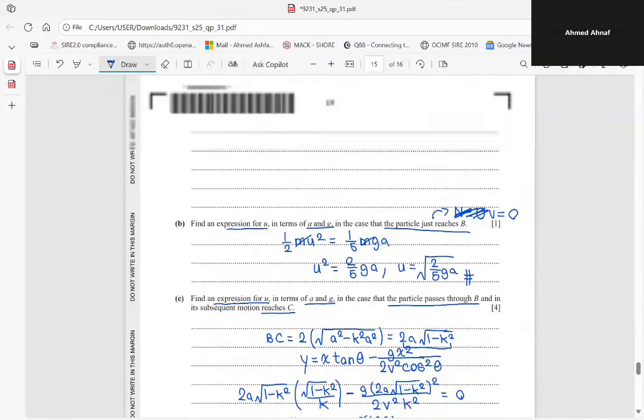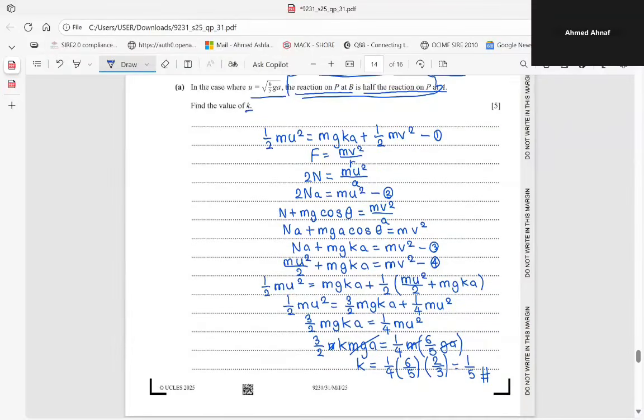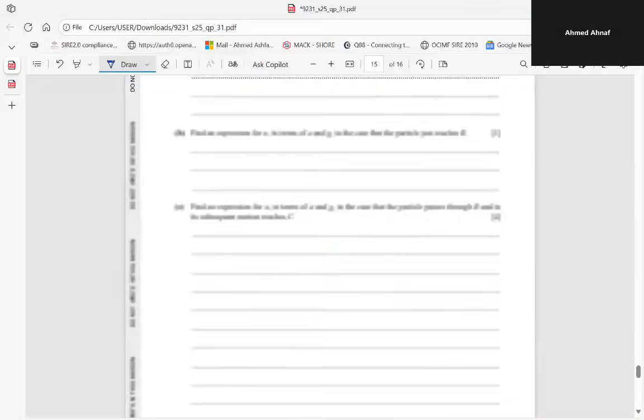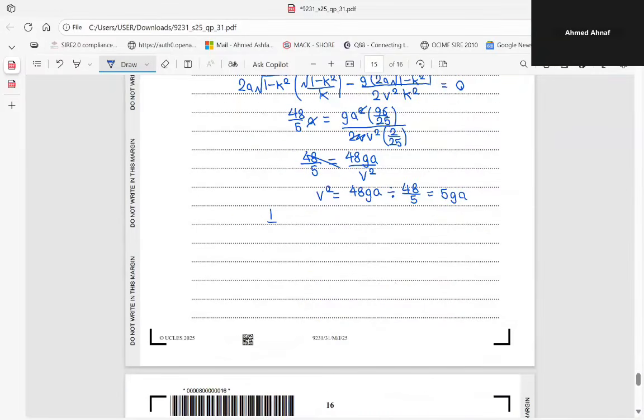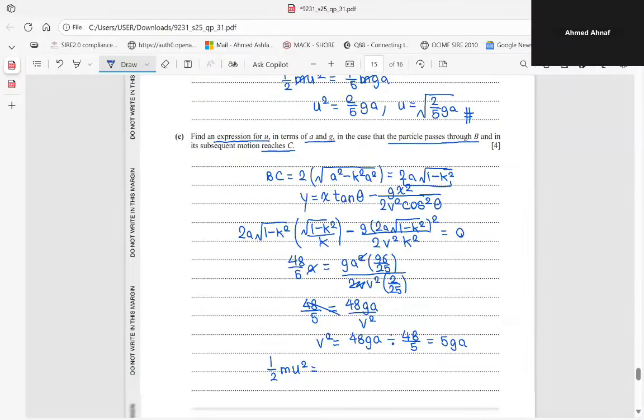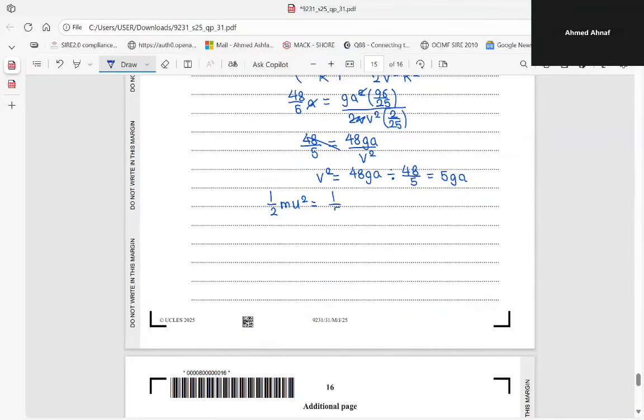Now we can find our U, using our energy equation. Half m u squared equals m g k a plus half m v squared, which is 5 g a.